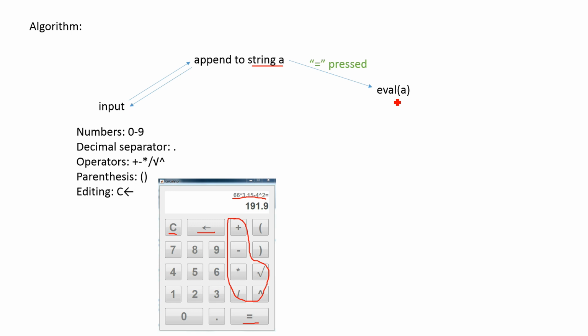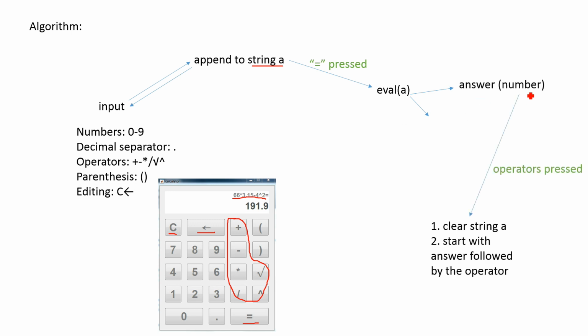So there are two possibilities. One is that the expression in the string A is actually valid, so it will output a number, and then it depends on what the next button to be pressed is. If the next button is one of those operators here, it will first clear the string and then start with the number in the answer followed by the operator, and then we start the loop again.